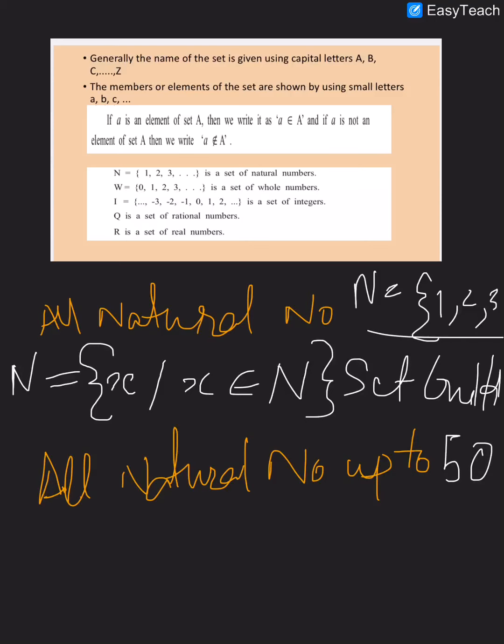And now, what about all natural numbers up to 50? We have to write the set of natural numbers up to 50. How will we write it? First we can write it in the roster form.